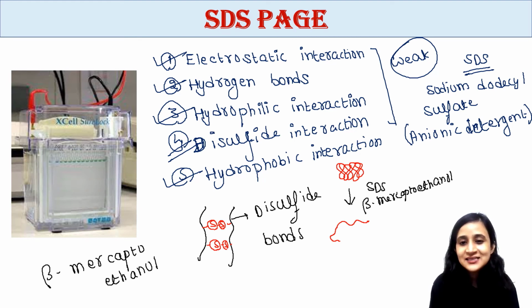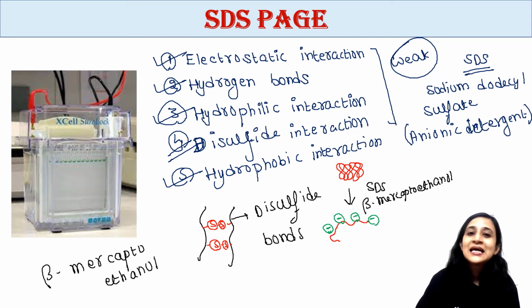So it adds negative charge like that to this denatured linear protein. Therefore, proteins unfold into linear chains with negative charge.